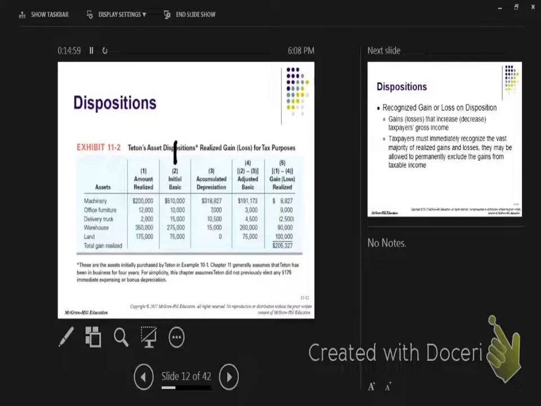That comes to your adjusted basis. So they have both those numbers there. And then when you go through, you will then take your gain. To figure that out, you'll take 1 minus 4. So then it's that amount realized minus your adjusted basis. That number that I told you about was your basis minus your cost recovery. And so in the end, this company had a realized gain of $205,000.